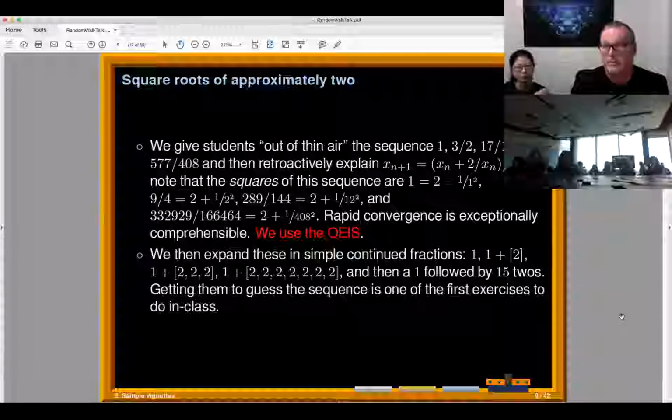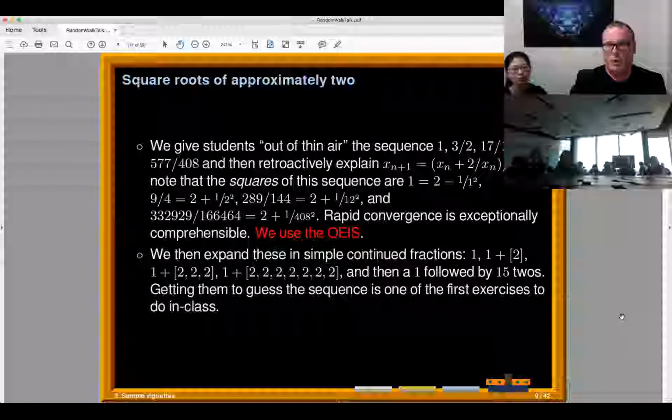And then I, again, out of thin air, just note that the squares of this sequence can be written as 2 minus 1 over 1 squared, 2 plus 1 over 2 squared, 2 plus 1 over 12 squared, and 2 plus 1 over 408 squared.